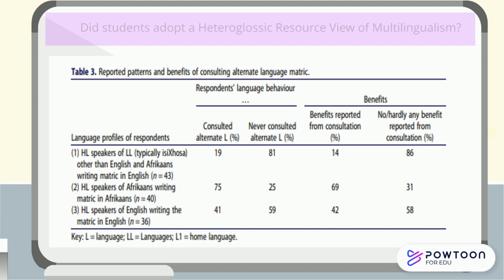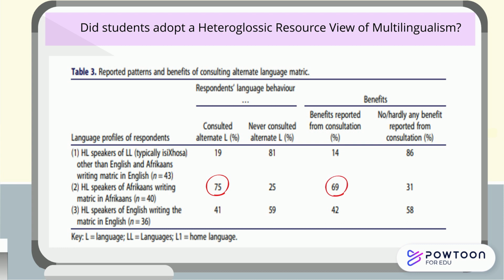In other words, did students adopt a heteroglossic resource view? We see clearly that 75% of the respondents who had registered to write the exam in Afrikaans consulted the English version of the question paper, with 69% reporting that the translanguaging practice was beneficial. A lower figure of 41% of English home language respondents reported consulting the Afrikaans language version, with 42% of these acknowledging benefits of this translanguaging practice.